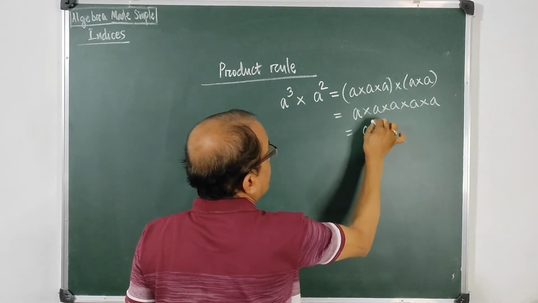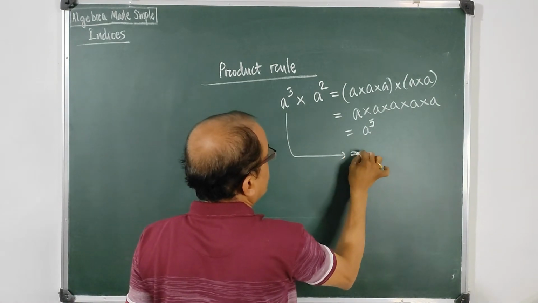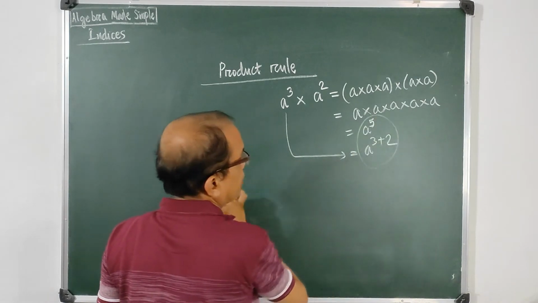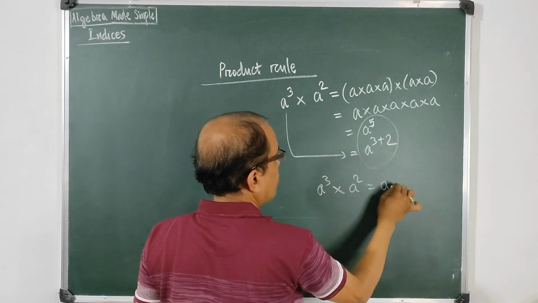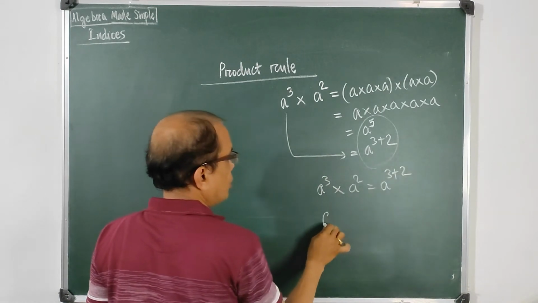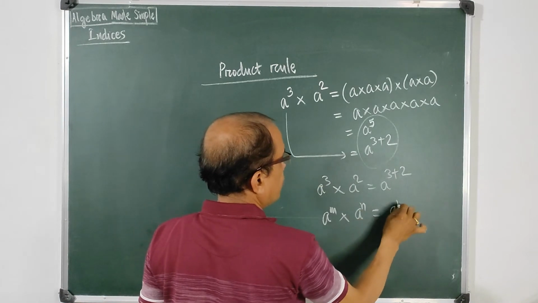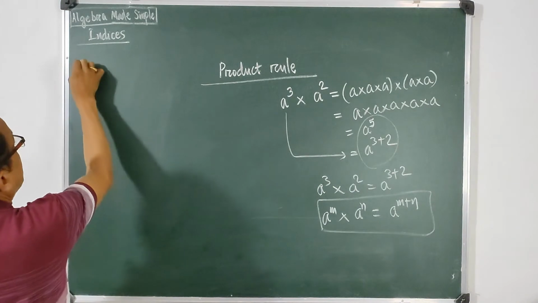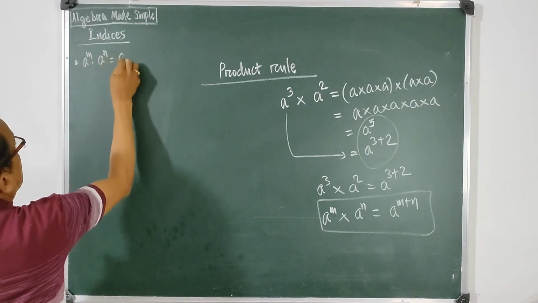This is a to the power 5. And the other way, this is also equal to a to the power 3 plus 2. So good, we got a formula. A to the power m into a to the power n will be a to the power m plus n. This is called the product rule. Let us write it down: a to the power m into a to the power n is a to the power m plus n.